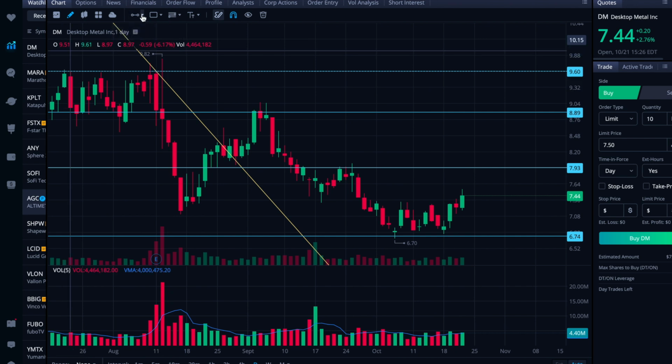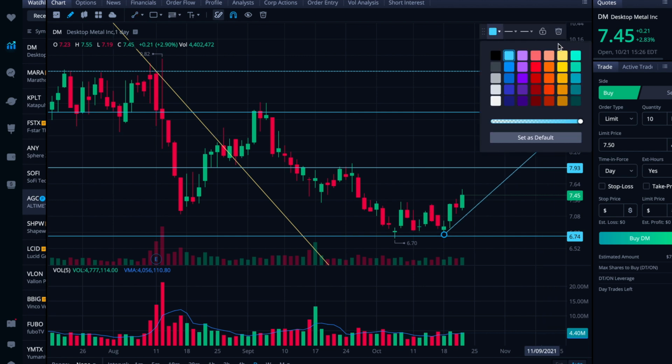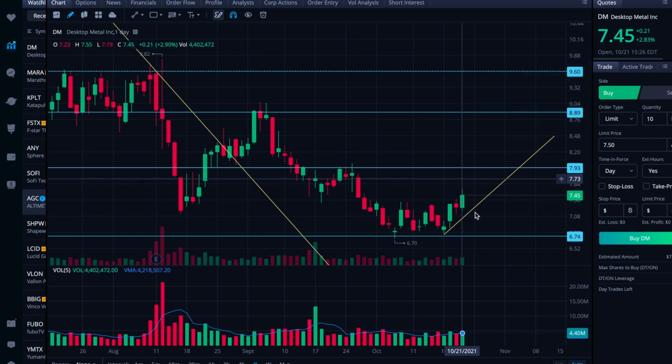So it's broken that previous downtrend resistance. Now this is very nascent, so we'll have to see what happens here, but it looks like it wants to start establishing this sort of uptrend, new trend, and this is obviously the cup that we're talking about, right?